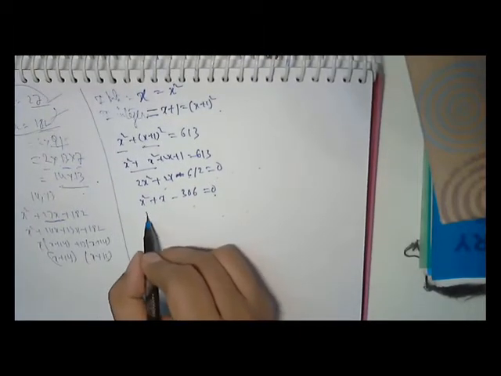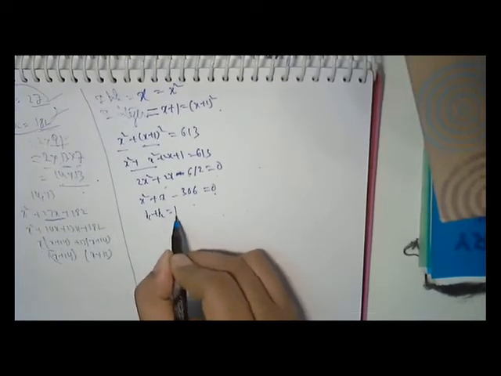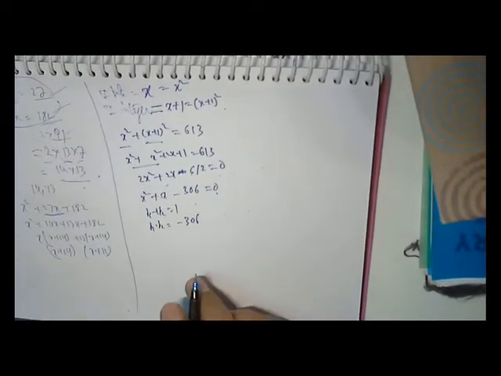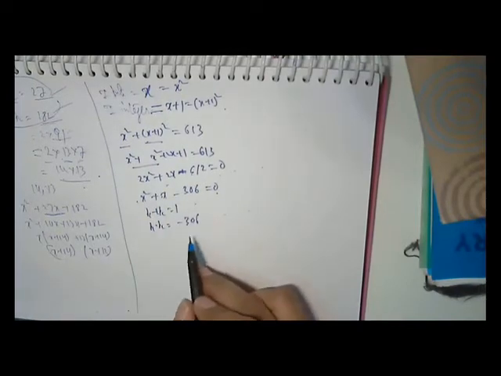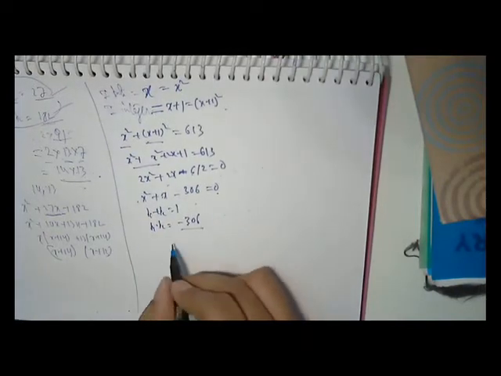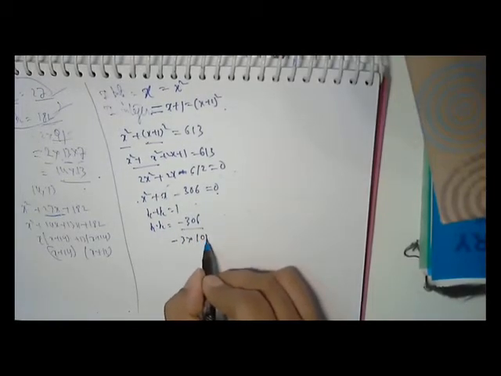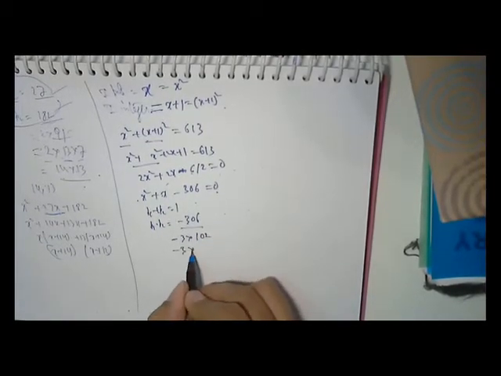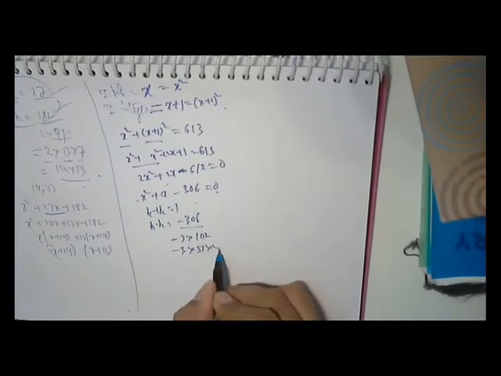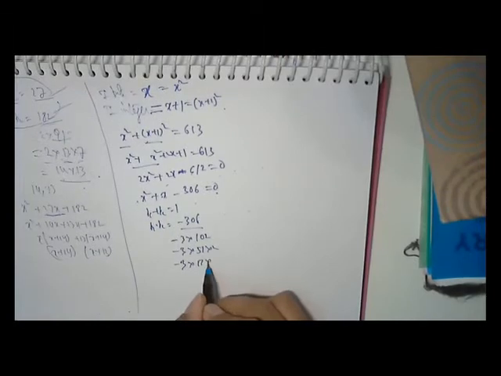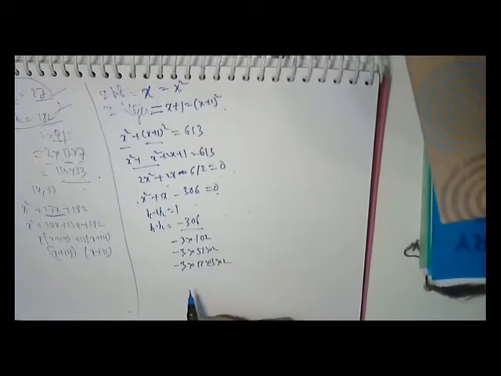Now I want b1 plus b2 equal to 1 and b1 times b2 equal to minus 306, because a is 1 and a into c is minus 306. So let us find the factors of this. 3 into 102, 3 into 51 into 2, so 102. So minus 3 into 17 into 3 into 2.